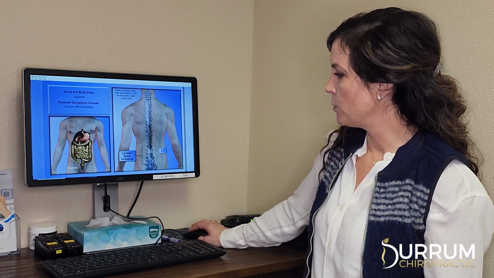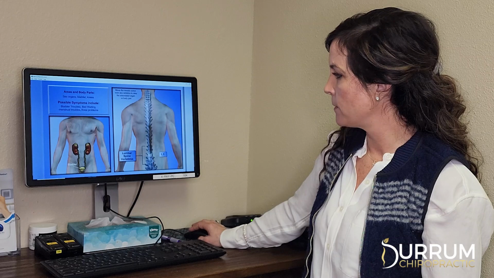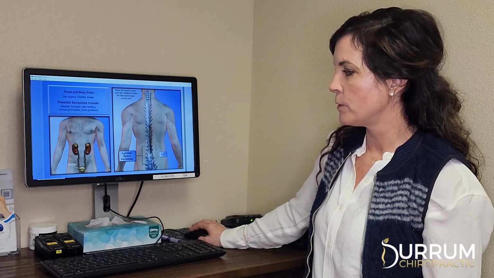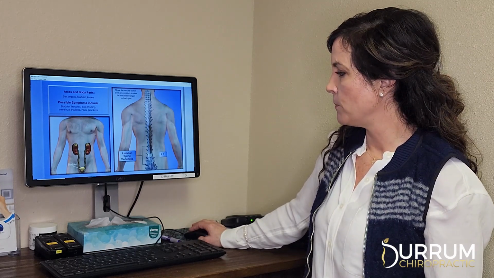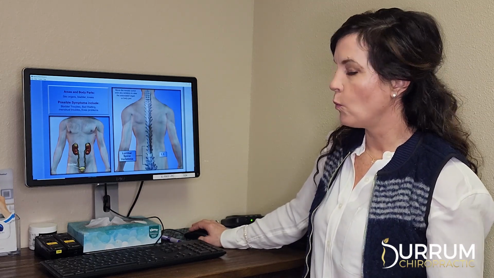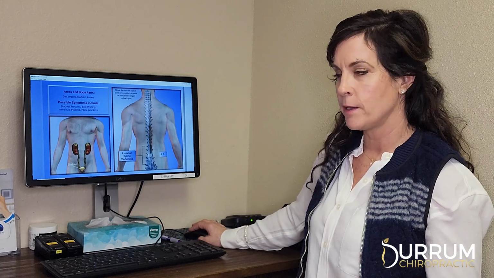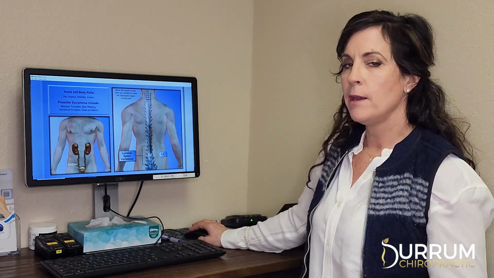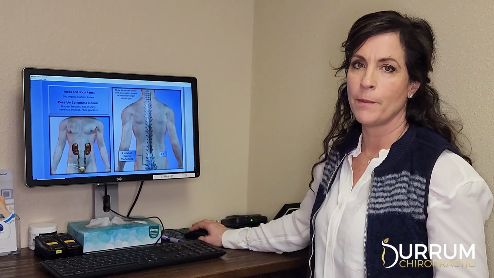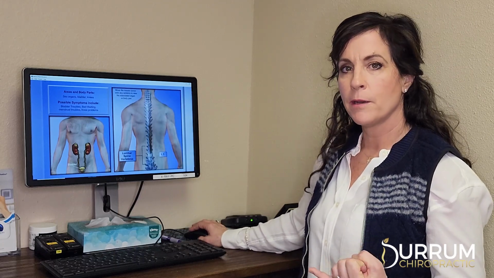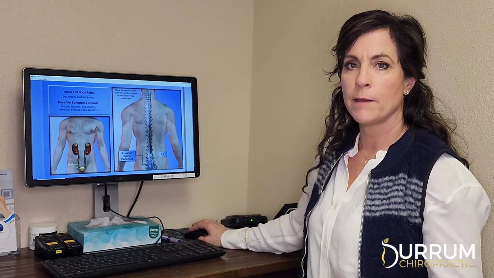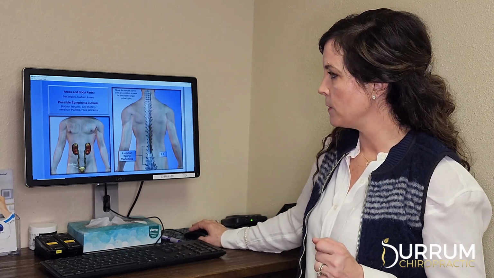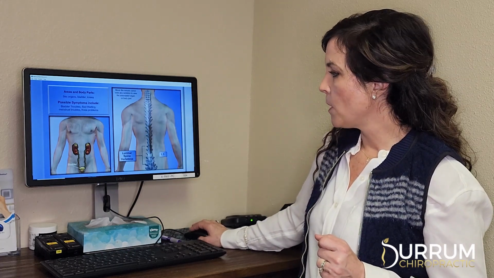The nerves at L2 go to the appendix. L3, these are the nerves to the bladder, also to the ovaries, uterus, and the prostate. We see problems such as urinary weakness, incontinence as that gets severe. In the ladies, this could show up as menstrual issues, be it an irregular cycle, endometriosis, polycystic ovarian disease, things of that nature.